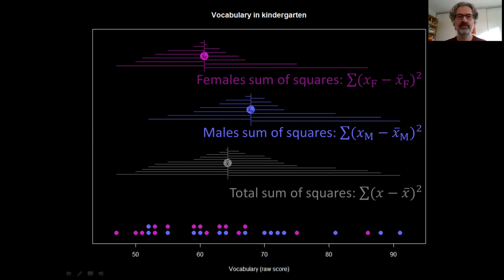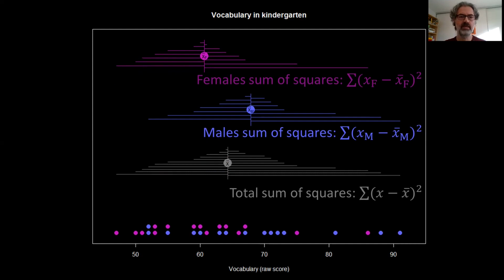The final thing to note is that for each data point, the difference between the original deviation from the grand mean and the new deviation from the corresponding mean, so how much shorter this line is from this line, the difference is the difference between the group mean and the grand mean.